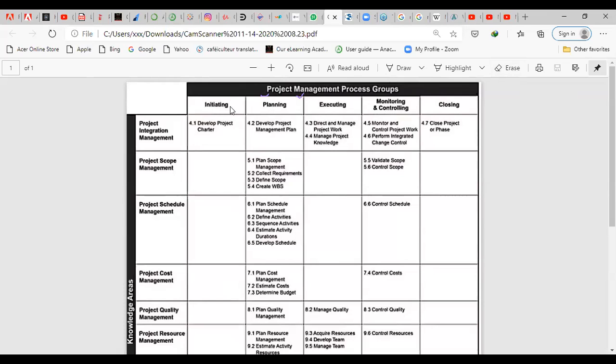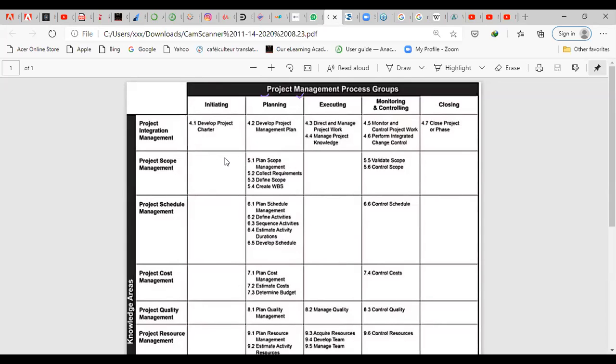So the project management processes are distributed across these process groups, the life cycle. Then we look at the knowledge areas, the know-hows.